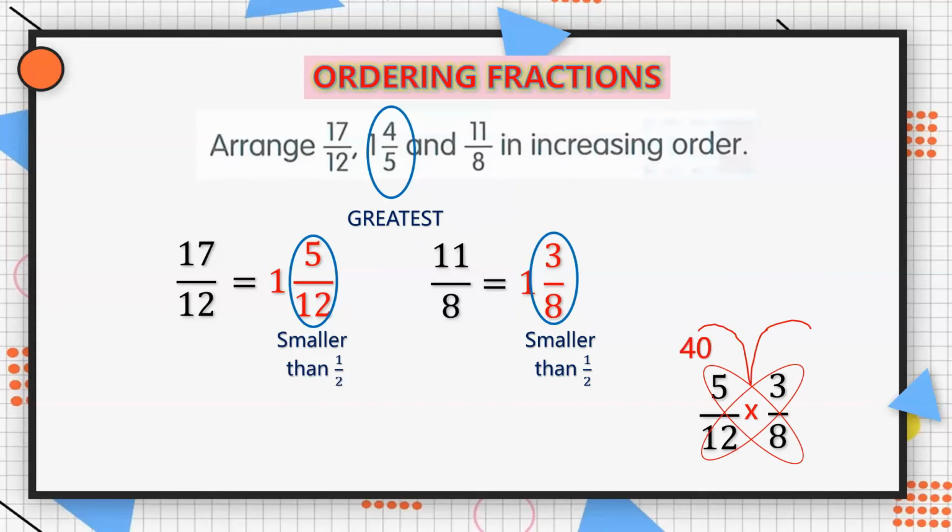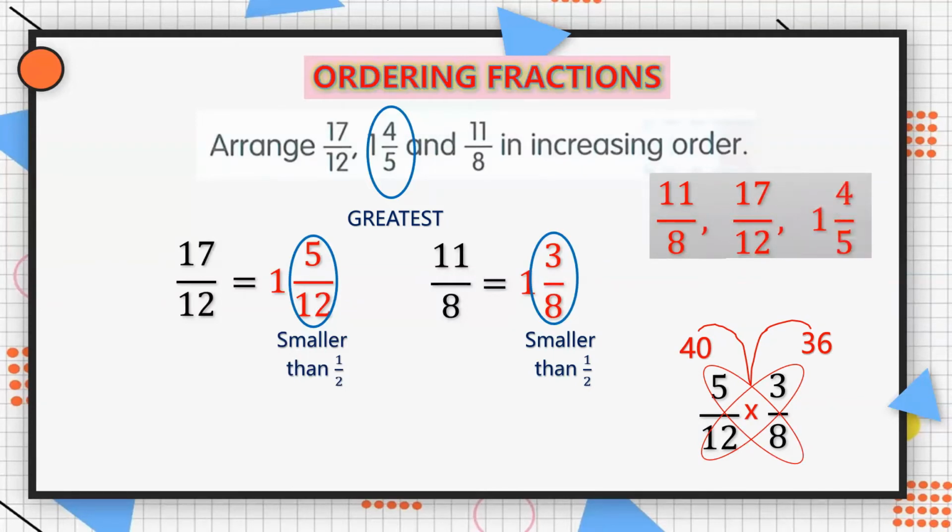And 12 times 3 is equal to 36. 36 is smaller than 40, which shows that 1 and 3 over 8 or 11 over 8 is smaller than 17 over 12. Therefore, the correct order of our fractions is 11 over 8, then 17 over 12, and 1 and 4 over 5.